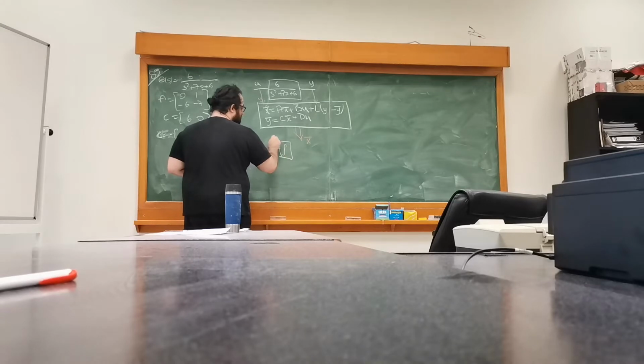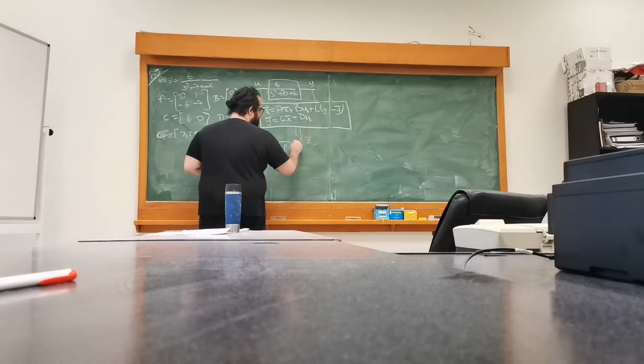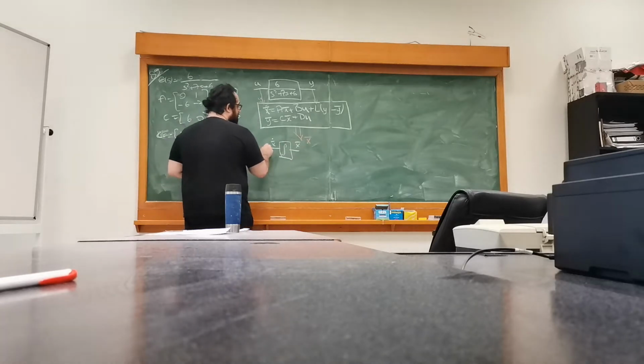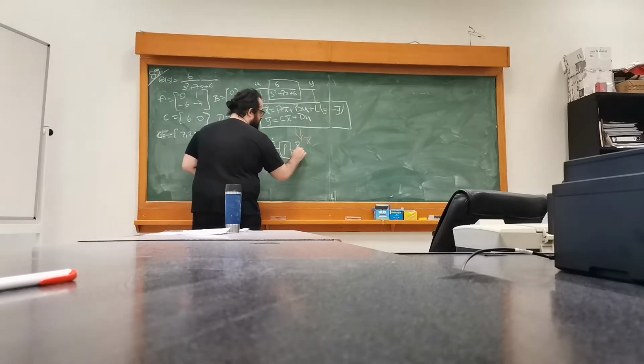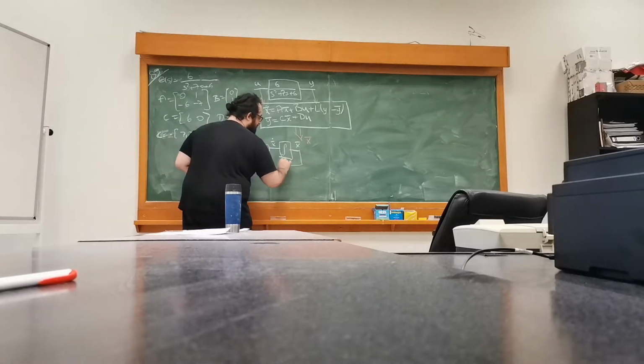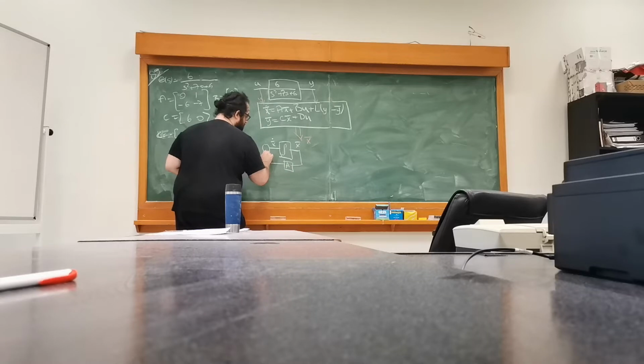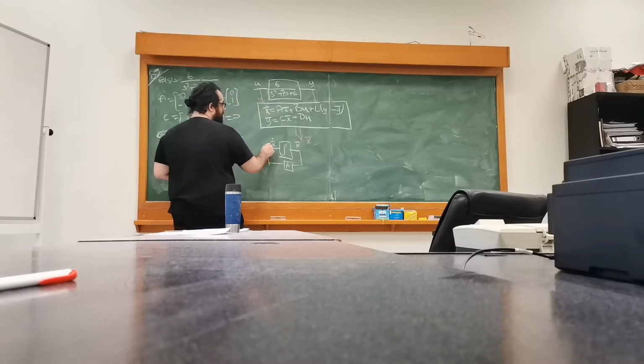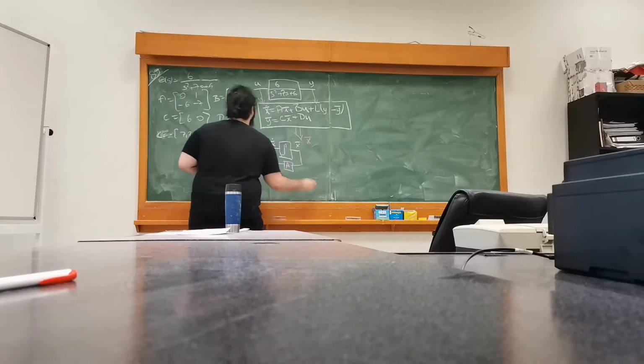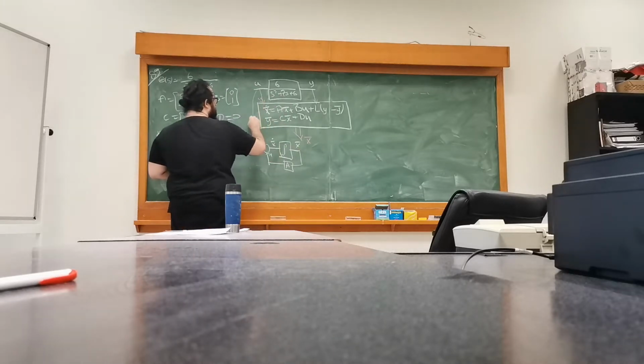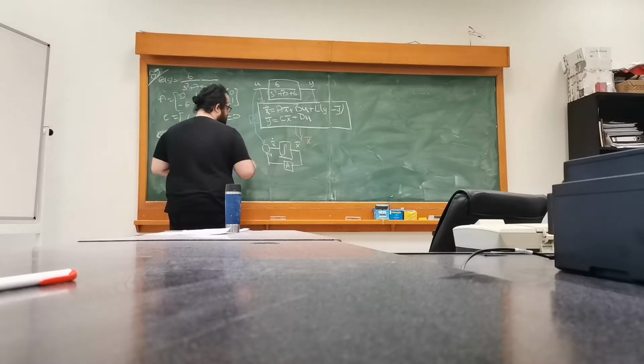We have this derivative here that gives us this. Therefore, we have a plus, and we need Bu, so let's have C times this as an input.